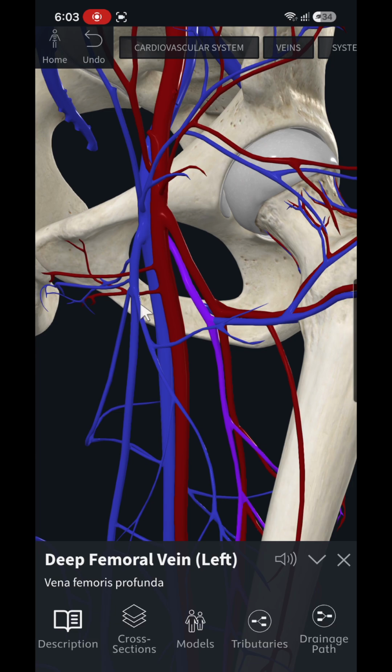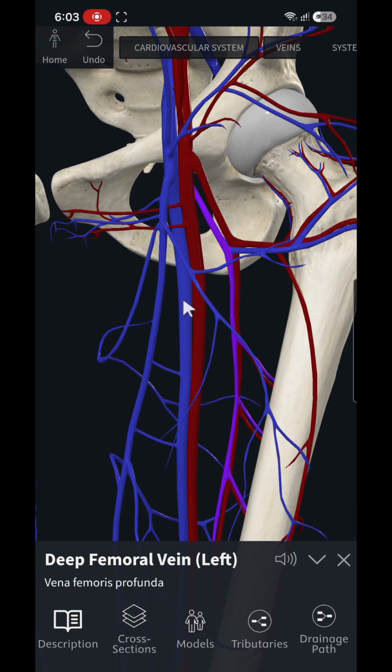Okay, so the deep femoral vein, also known as the profunda femoris, just like the artery, so both are profunda femoris, artery and vein. And also it's called the deep vein of the thigh. So deep vein of the thigh, deep femoral vein, and profunda femoris are all names of the same vein, right?